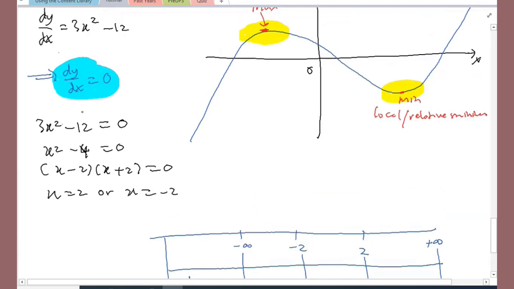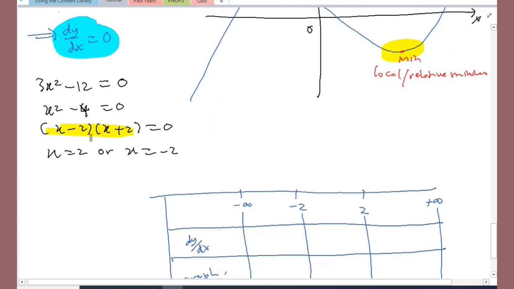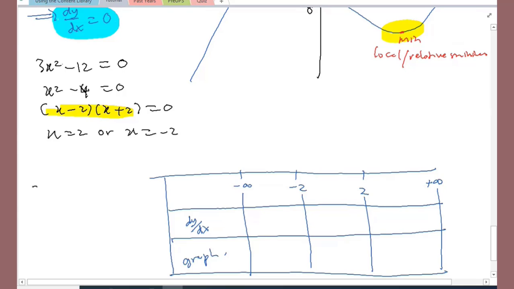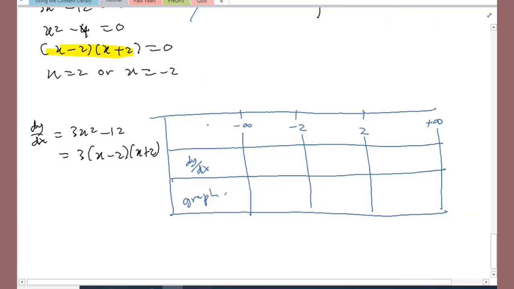Now, dy/dx is actually 3x squared minus 12, but you must consider all of it, you can't get rid of the 3 because this is an expression. From here we try to find the value of the slope, the gradient m. Choose one number near the point.